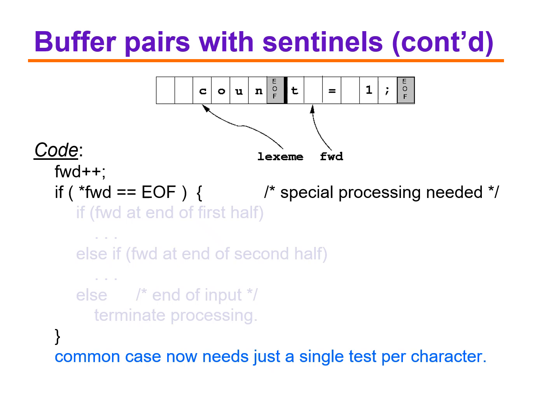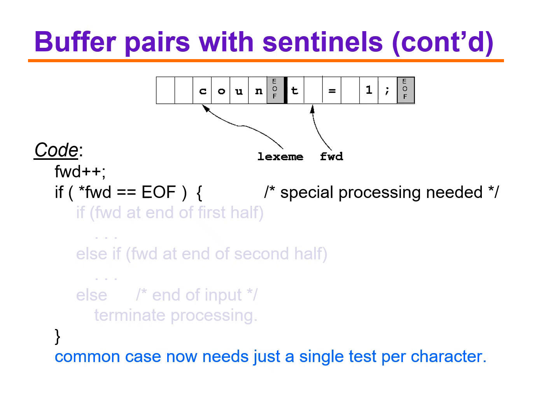But here, we use a sentinel, which is a special character. The sentinel can be an EOF or a hash, or something very special which is not included in the source program as a special symbol.